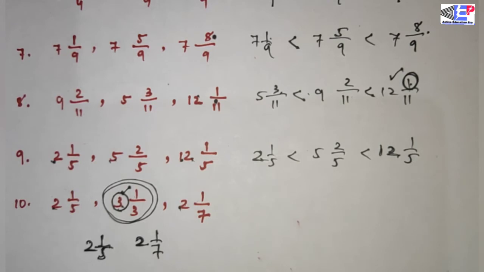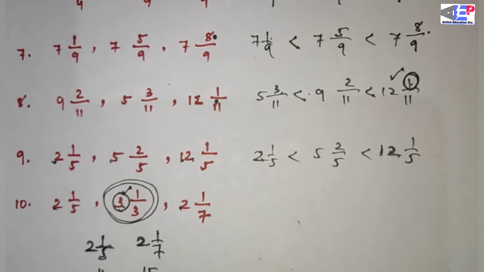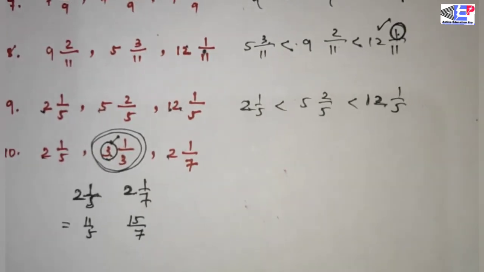Because these both contain the same whole parts but don't contain like fractions, how is it possible? So you have to convert these mixed fractions to improper fractions. This is 11/5 and this is 15/7, and it is not possible to compare them because they are unlike fractions.